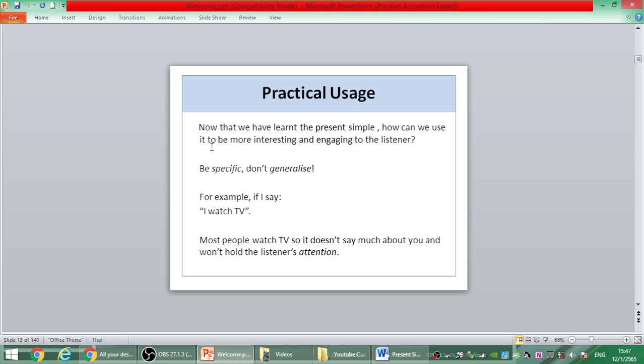So, now that we have learnt the present simple, how can we use it to be more interesting and engaging to the listener? Well, be specific, don't generalise. For example, if I say, I watch TV, most people watch TV, so it doesn't say much about you and won't hold the listener's attention.